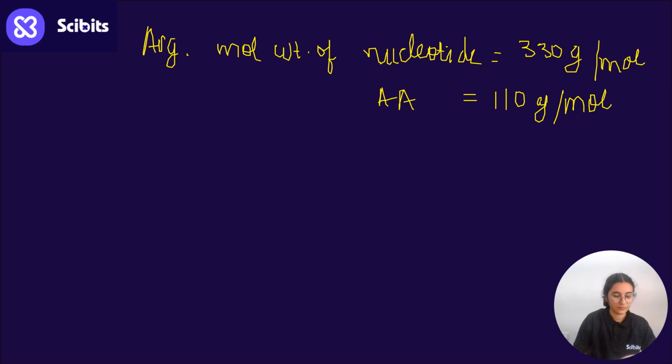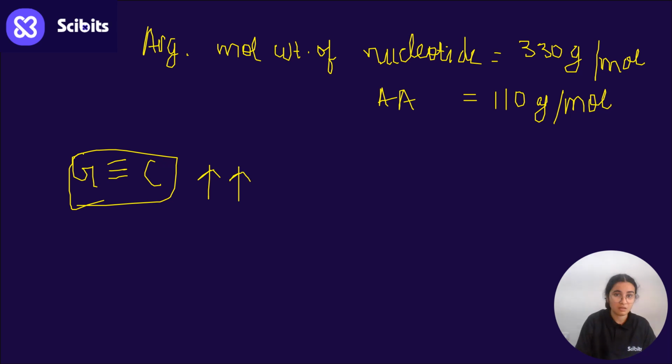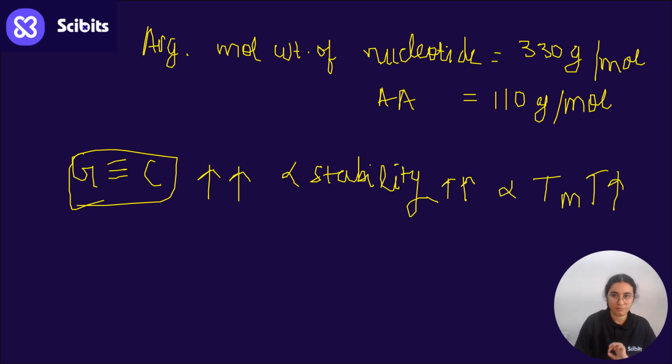Okay, so if GC content is more in a particular DNA sequence, then its stability is more, and the Tm value will also be more.